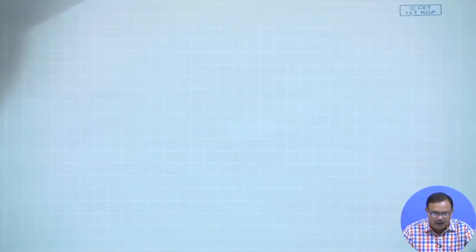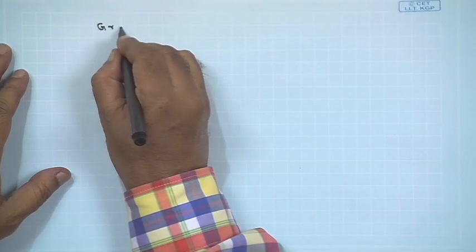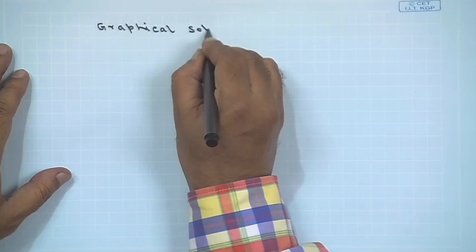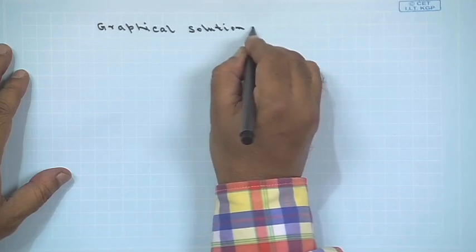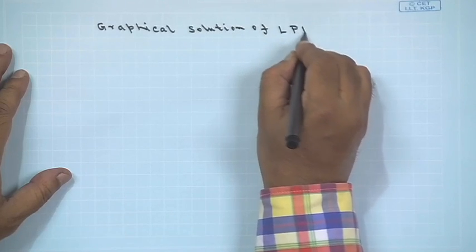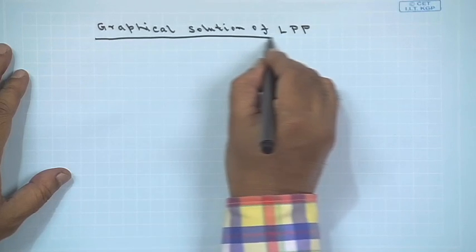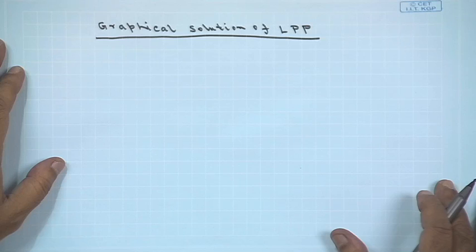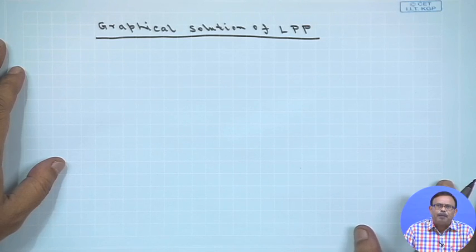The next one is the graphical solution. For the graphical solution of an LPP, as I told you earlier, we will go for an LPP consisting of two variables only, because if we go beyond two variables, visualization will not be proper.